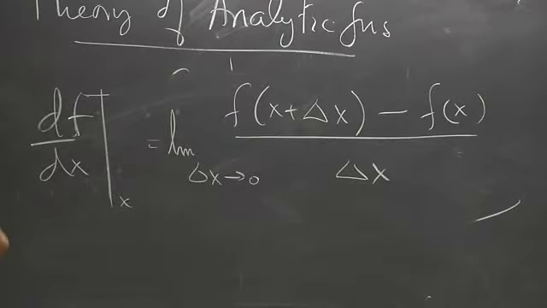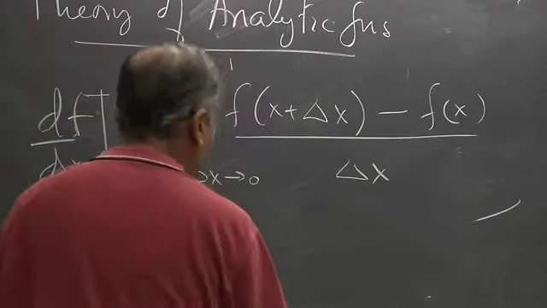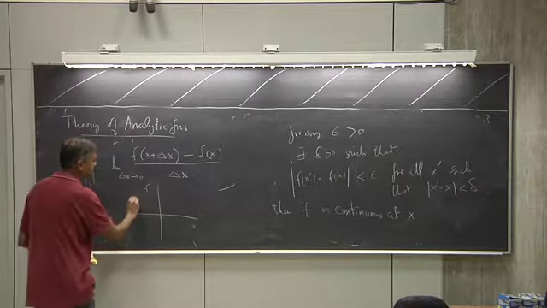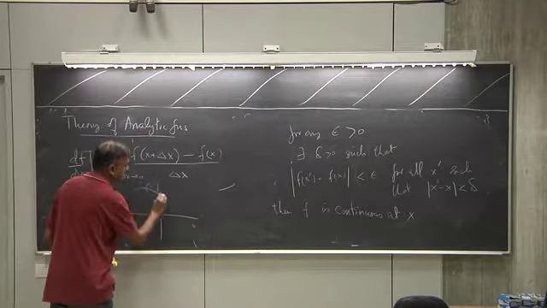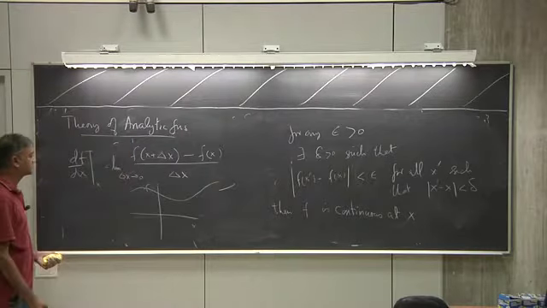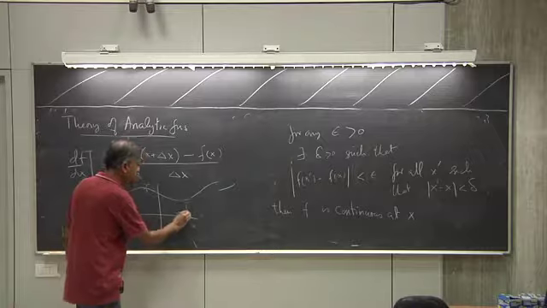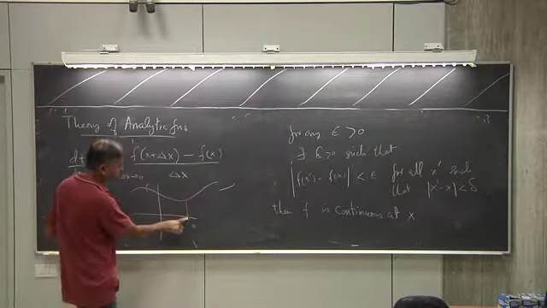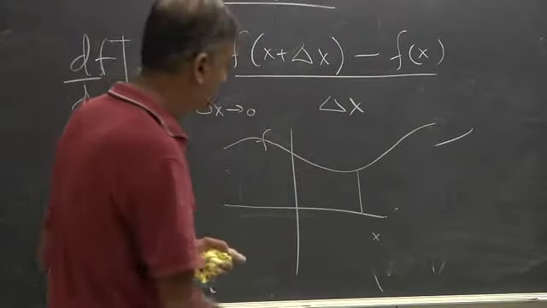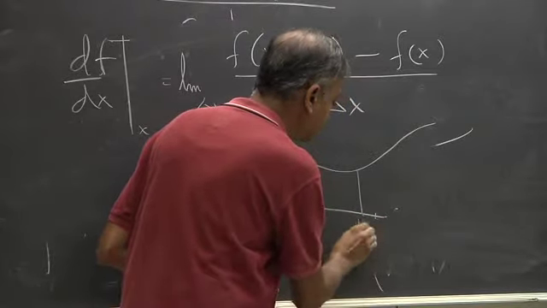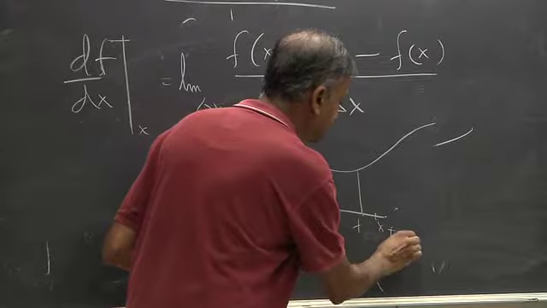This is the name. So again, the picture is, if you try to draw this picture, so x, and this is a function of x, and let's say I have some curve like this, and I want to look at the df by dx at this point, x. So I take x, x plus delta x, this is x, this is x plus delta x.